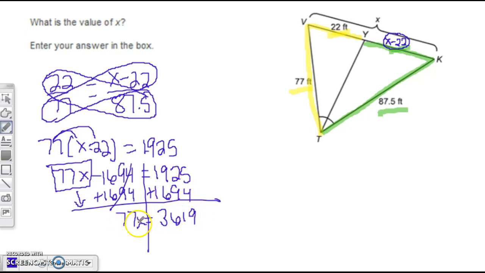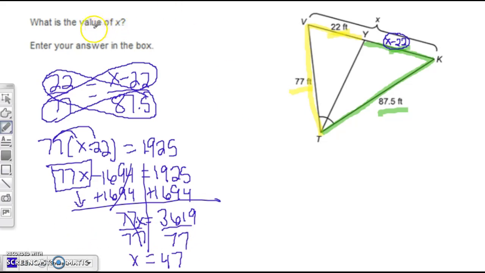And then to finish getting x by itself, right now it's x times 77. The opposite of multiplying is to divide. So I'm going to divide each side by 77. And I got that x equals 47.